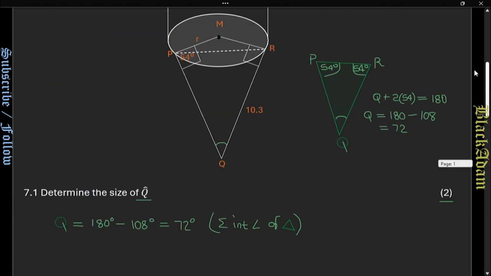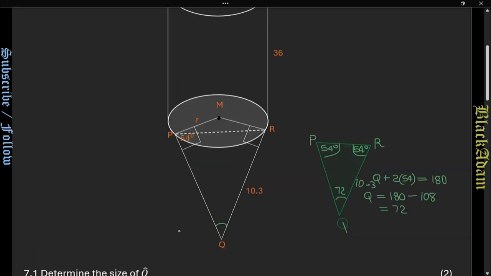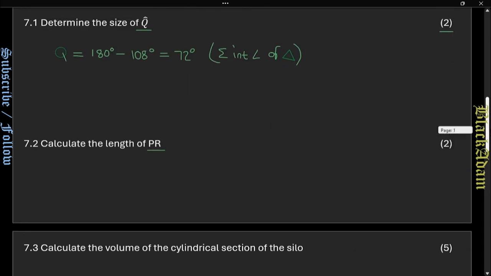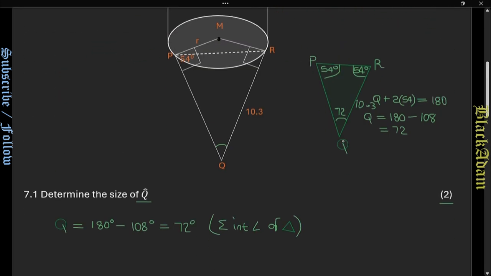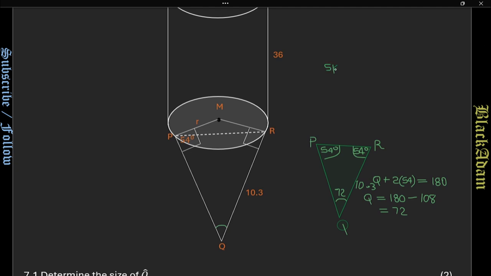Now calculate the length of PR. We're told that RQ is 10.3, and then we have 72 degrees there. RPQ is 54, so we're going to use the sine rule.